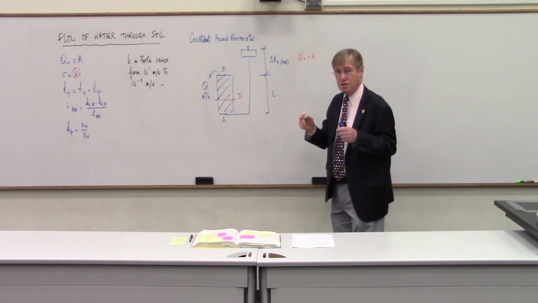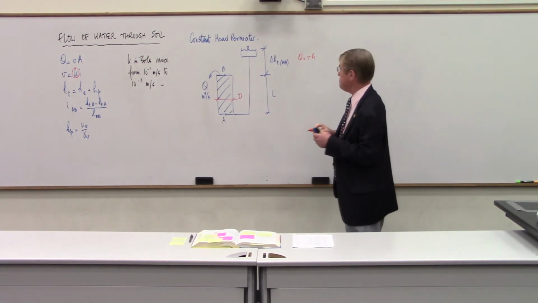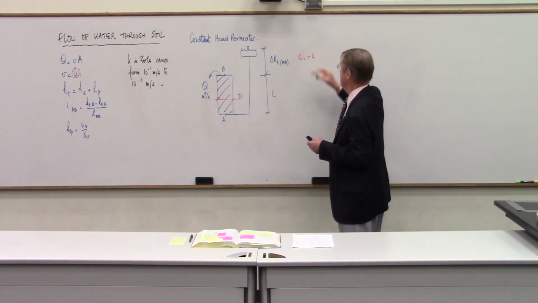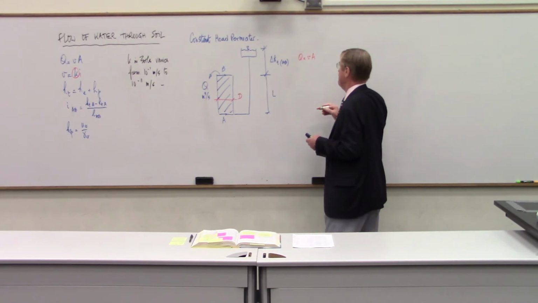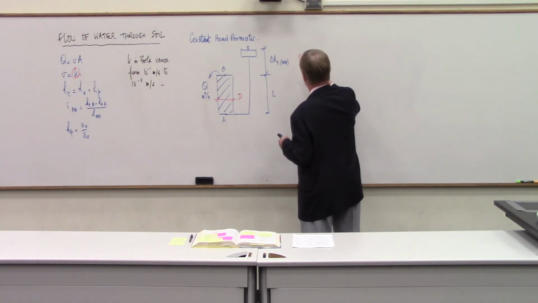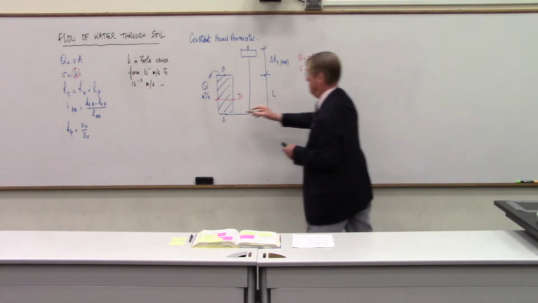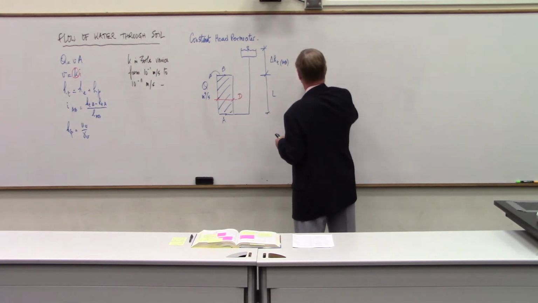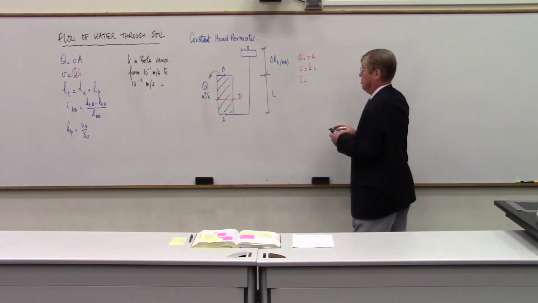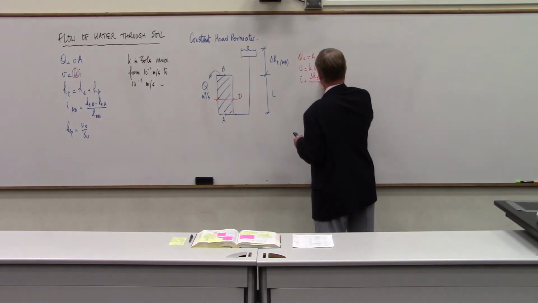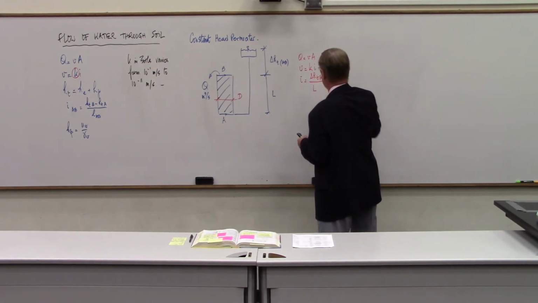Seepage is the velocity of the water molecule on the speedometer, and V discharge is the one associated with the total area. So we write Q equals VA, and then we write V equals KI. I from A to B for the whole sample, because that's what we're interested in, is going to be delta HT AB divided by L.